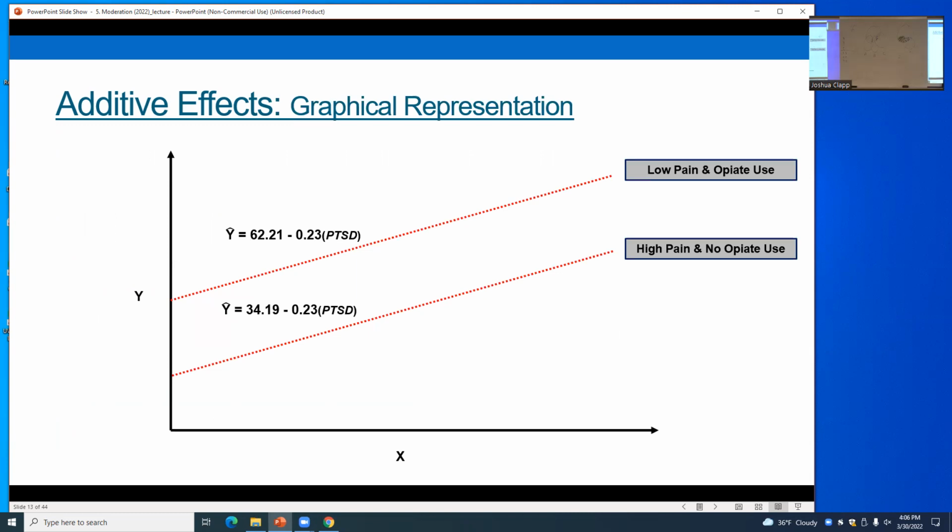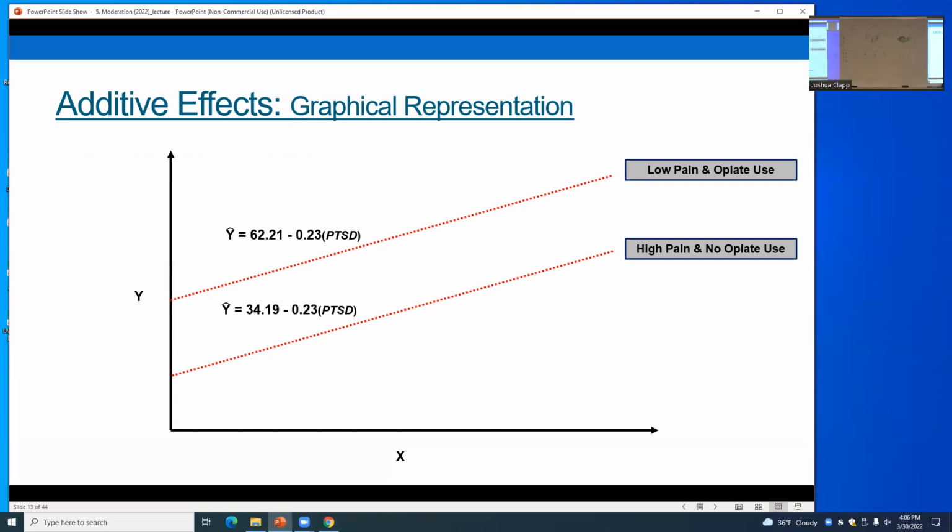If I go through and I look at your graphs, it doesn't matter. If I'm interested in looking at if X is PTSD and Y is functioning, here's low pain and opiate use, high pain and opiate use. I can throw in any combination that I want to. So this part of it changes, but the slope never changes. It's always the same.